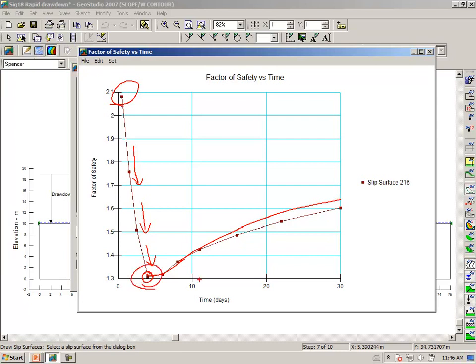So it is obviously, from a design point of view, this lowest factor of safety that is of interest to us. So that shows how we can use the time-dependent results in a stability analysis to get something like a factor of safety versus time.